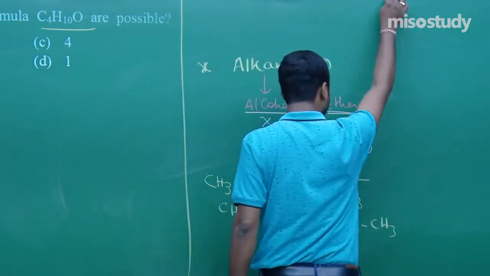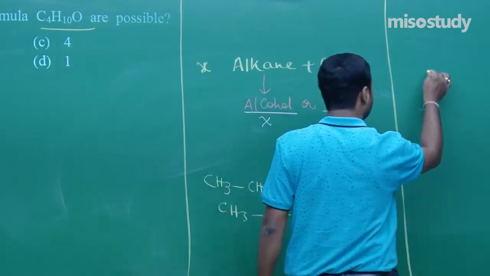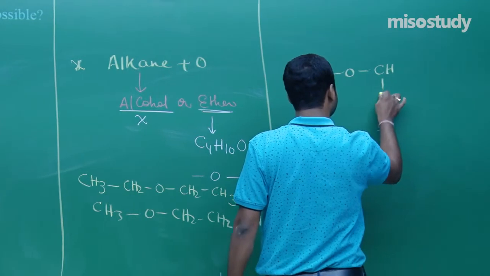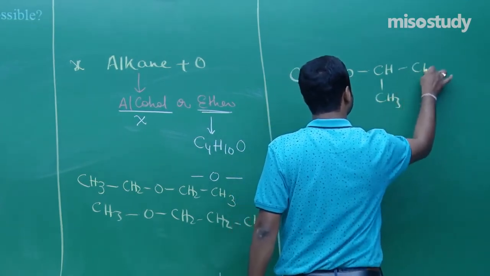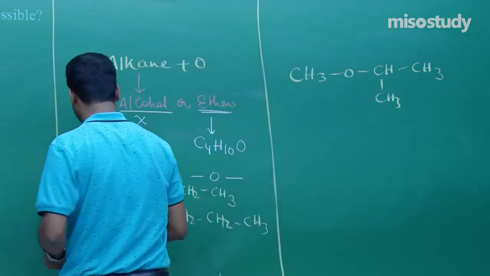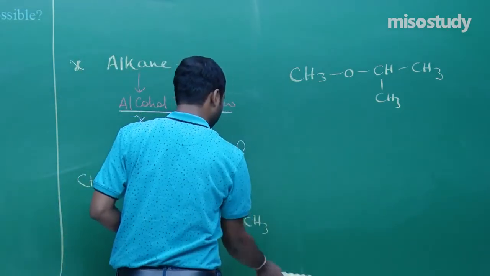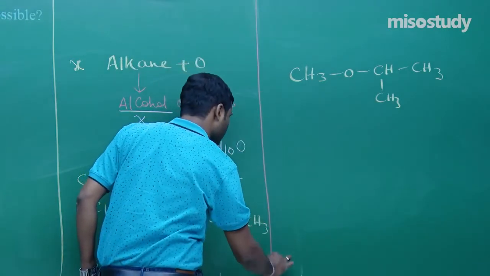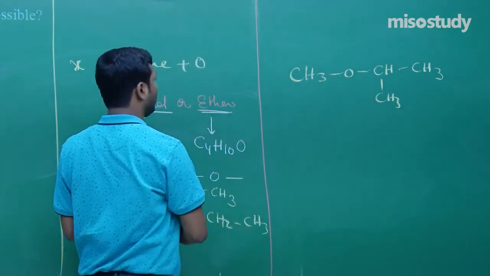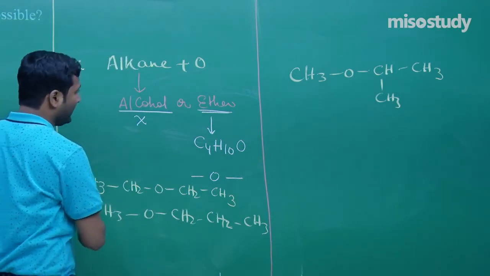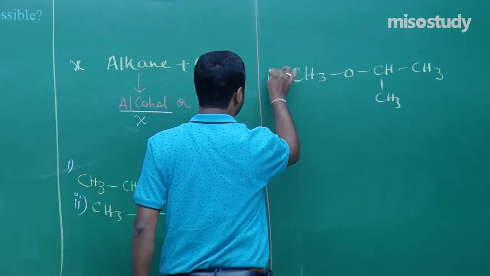Now the third one can also be written like this, CH3O then CH3CH CH3. Clear? Wait for a moment. This one is first, this one is second, and this one is third.